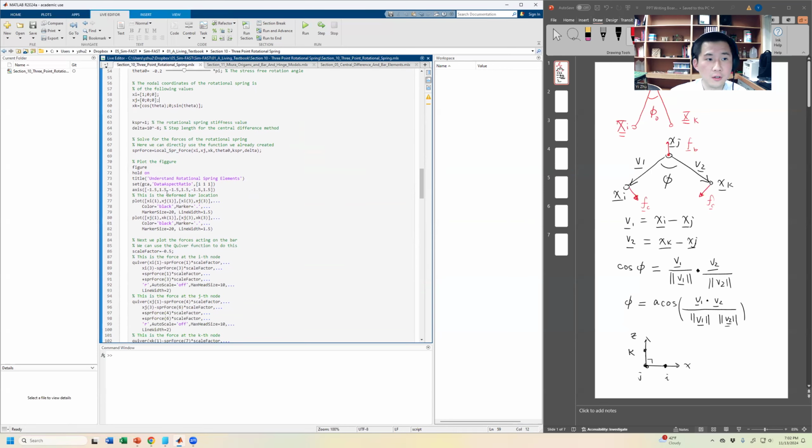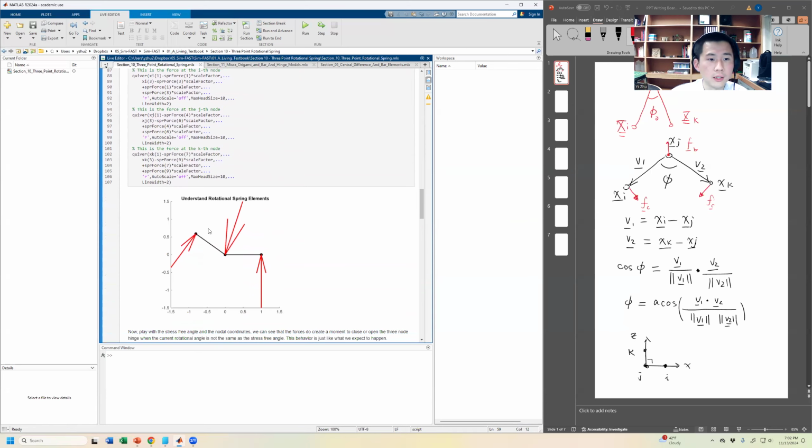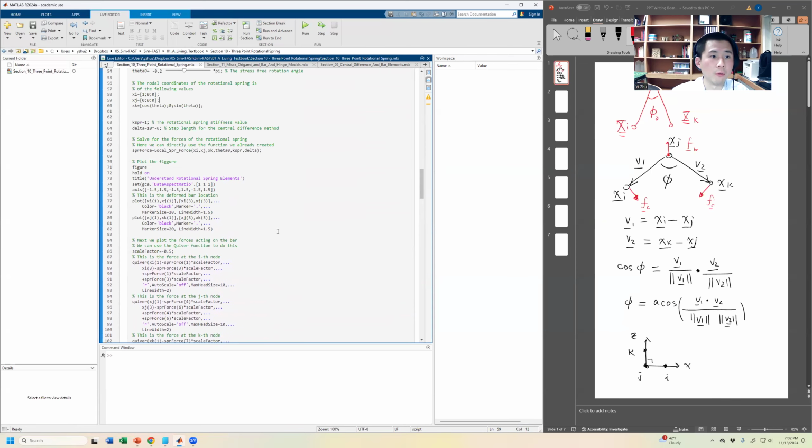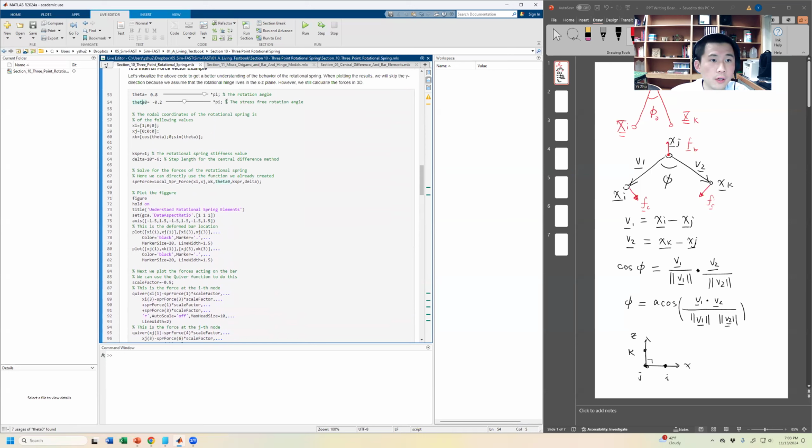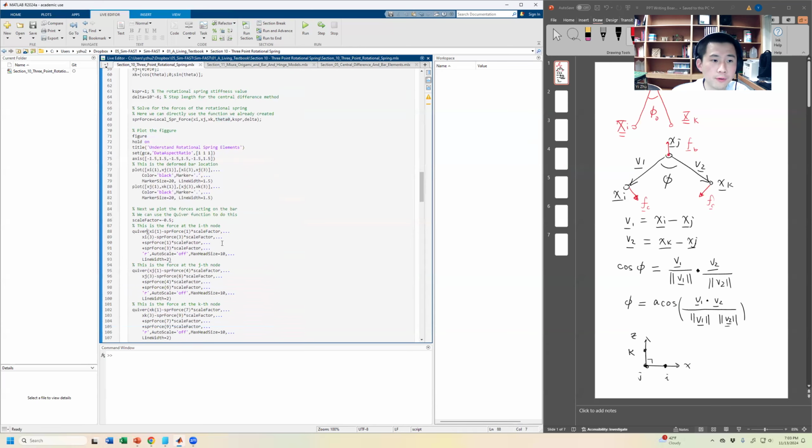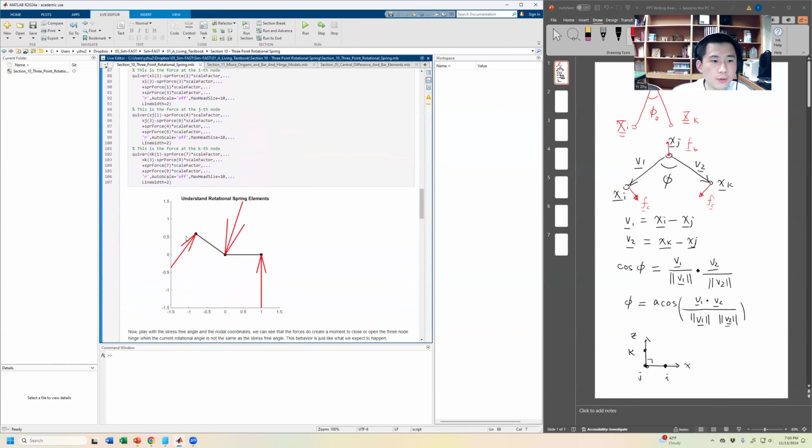So this is the code we use to plot the forces acting on the 3-node as we change the current folding angle as well as the stress-free angle in the 3-node. So stress-free angle is here, current angle is this one, and we use the quiver to plot the forces.